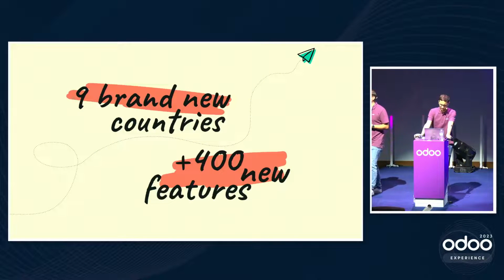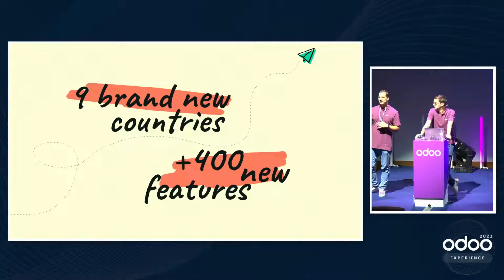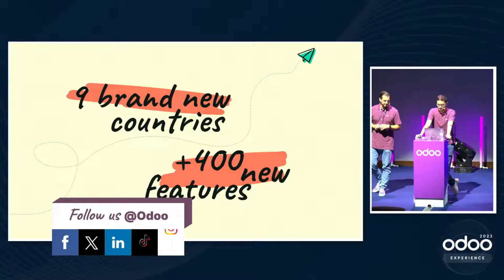We managed to add more than 400 new tasks on existing localizations. I think you can all imagine that we don't have enough time to discuss all of these during this talk, so I would gladly invite you to follow the talk of Jos. Jos is a developer working a lot on localizations, and I believe he gives a dedicated talk about localizations.